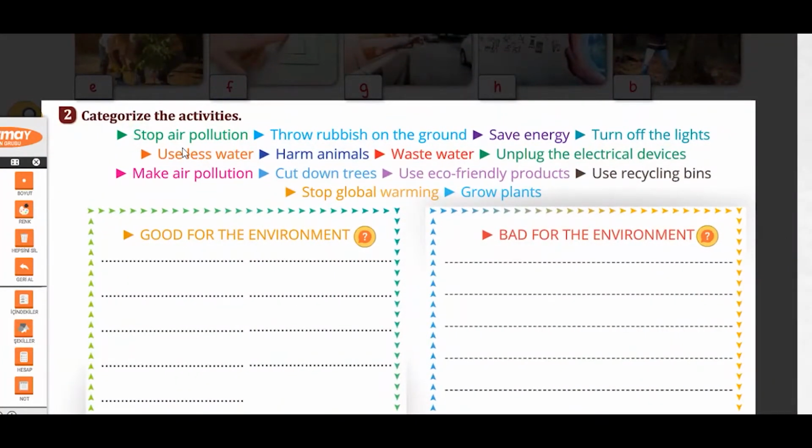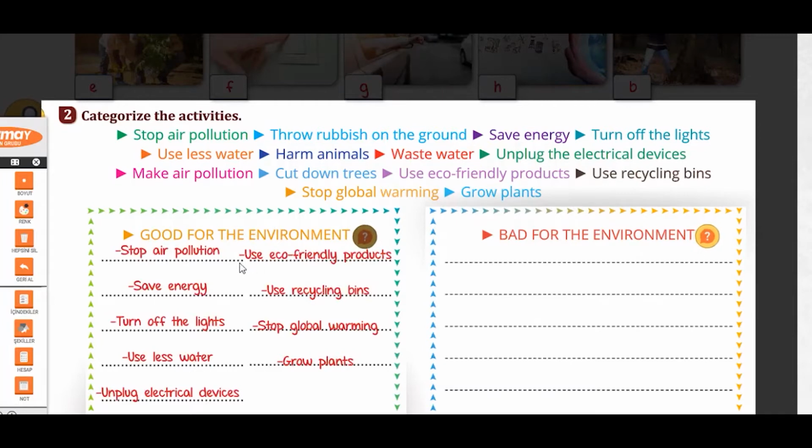Exercise 2. Categorize the activities. Here we have good for the environment and bad for the environment. What do you think? Stop air pollution. Is it good for the environment or bad for the environment? Of course, it's good.